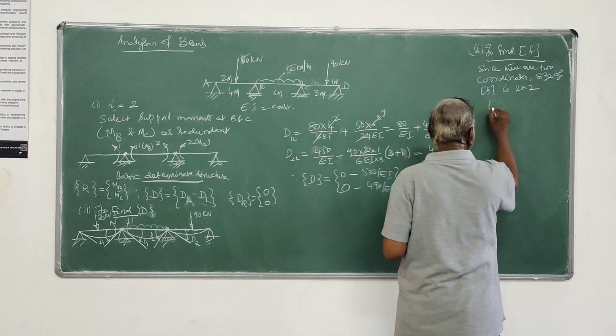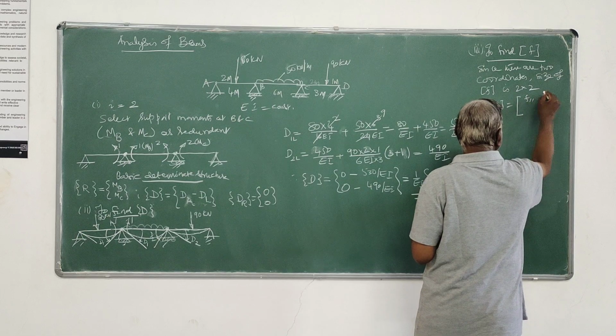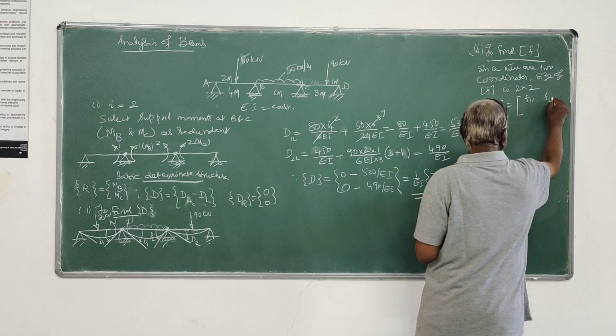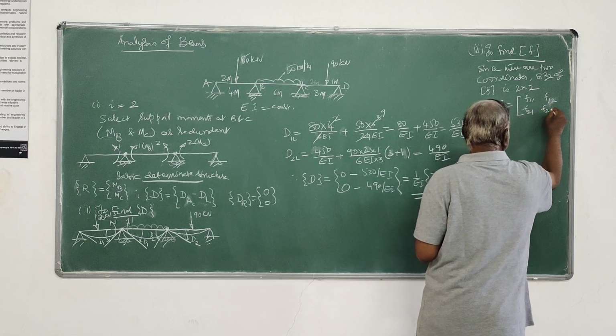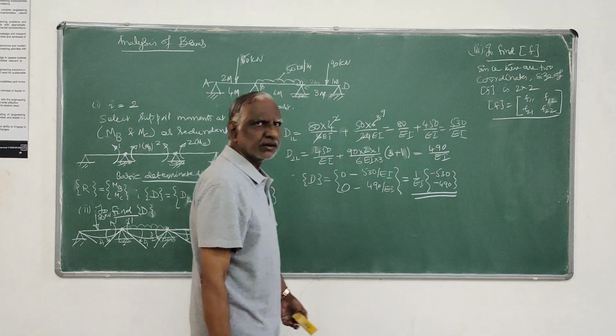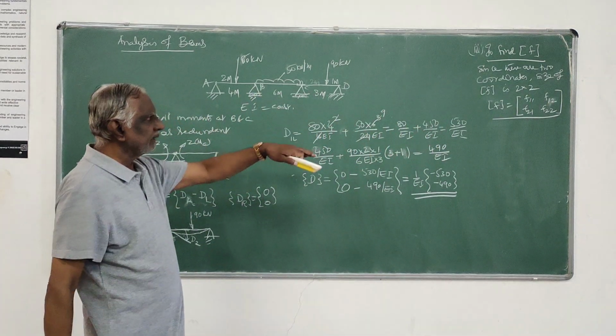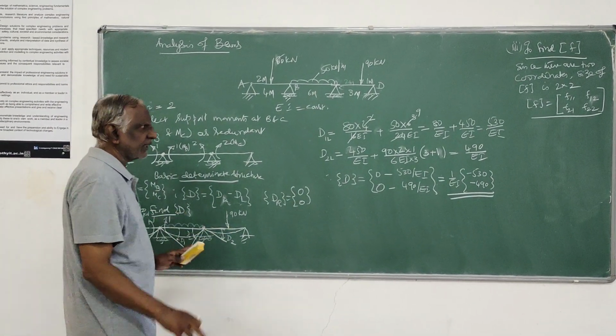That means your flexibility matrix elements will be 2 by 2, that is totally 4 elements, F11, F12, F21, F22. So these coefficients you have to evaluate by giving unit load at each of these coordinates one at a time.